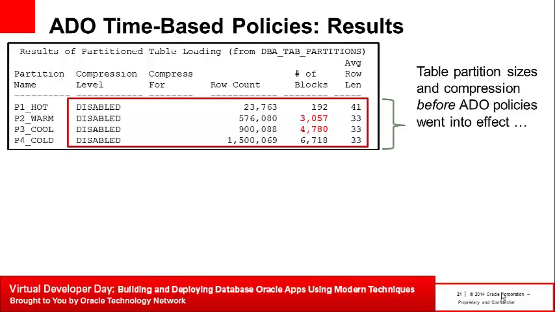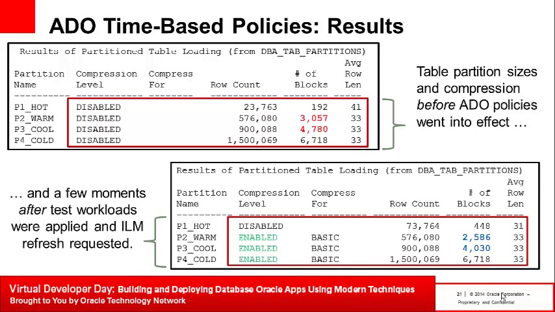After a few minutes after I've applied the workloads, notice that now the compression level for all 3 of the warm, cool, and cold partitions have been enabled, and basic compression, not advanced compression, but basic compression, which gives me about a 10-to-1 compression ratio, not trivial, has been implemented. And note, there's been a measurable, not super significant, but a measurable decrease in the number of blocks now making up these particular table partitions.